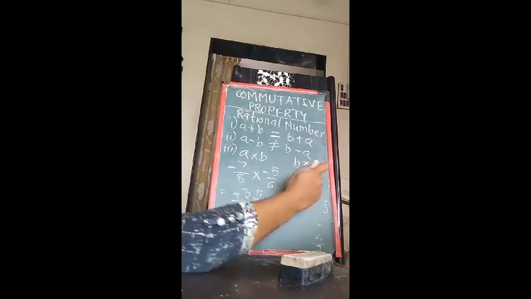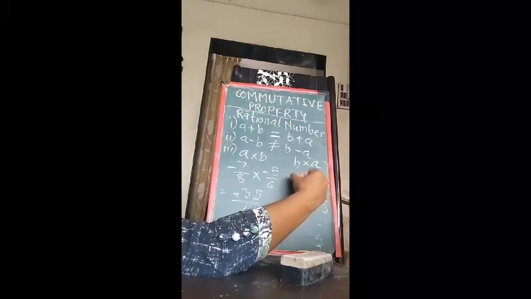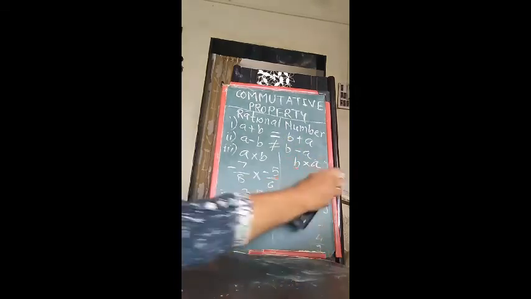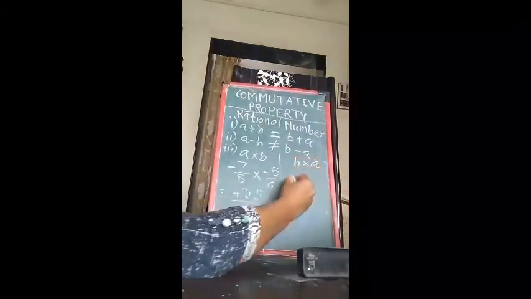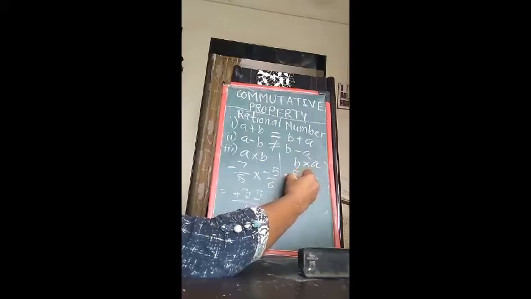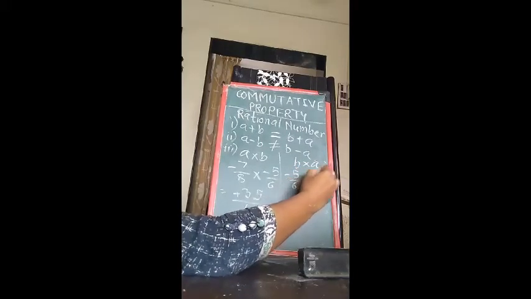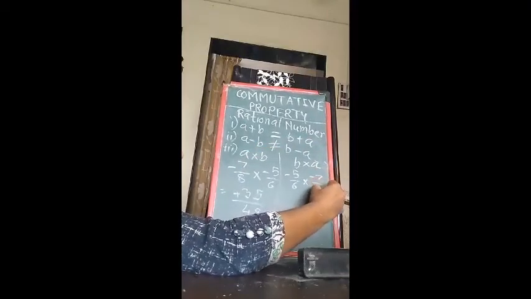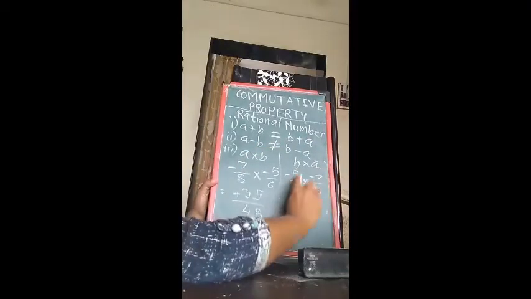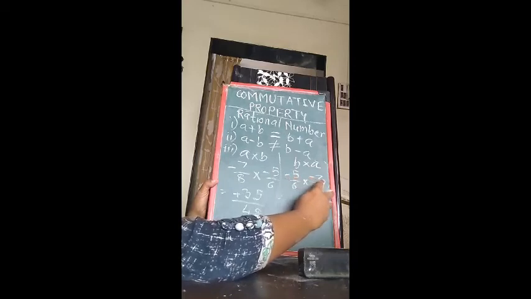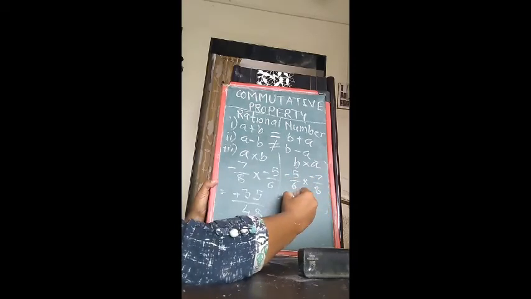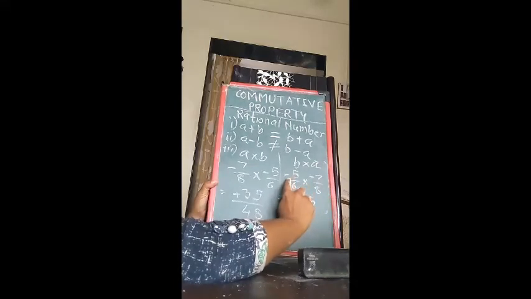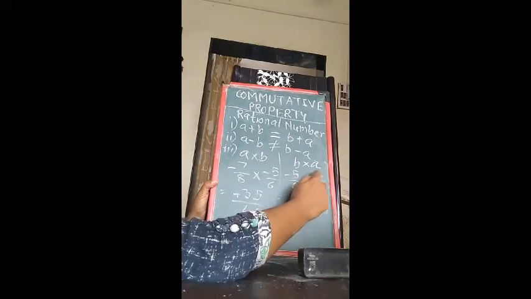Okay. Now we are going to see B multiplied by A. Here B is minus 5 upon 6 multiplied by A, minus 7 upon 8. We have to multiply the numerators first. So 7 5s are 35 and minus multiplied by minus is plus.